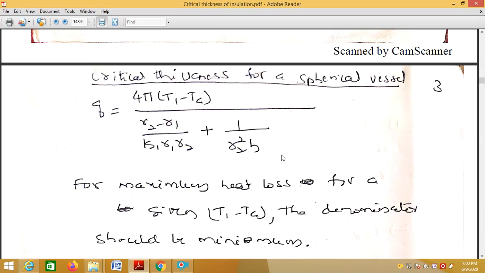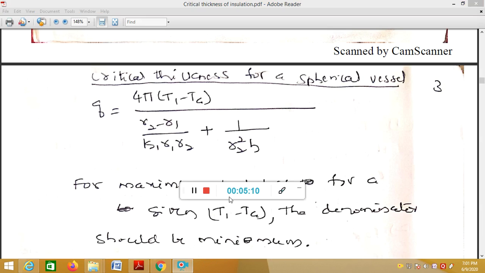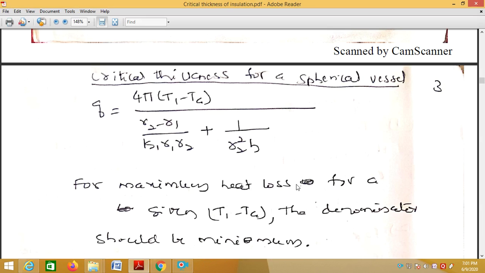Now similarly we can find out the critical thickness of insulation for a spherical vessel. The heat loss from a spherical vessel is given by Q equal to 4 pi (T1 minus Ta) divided by [(R2 minus R1) by K R1 R2 plus 1 by R2 square H]. Again, for Q to be maximum, the denominator quantity should be minimum.